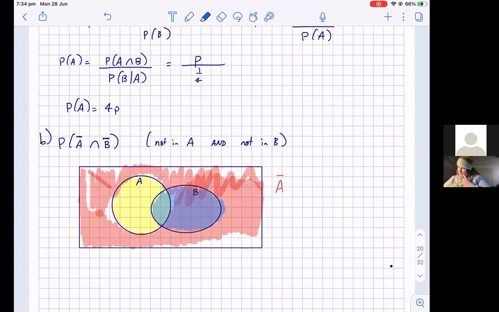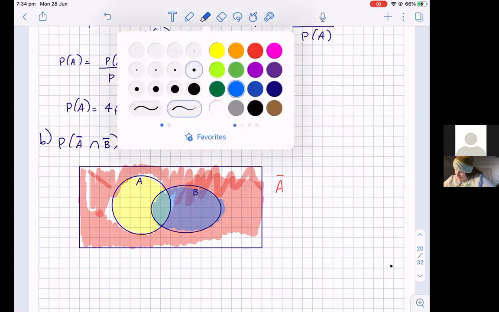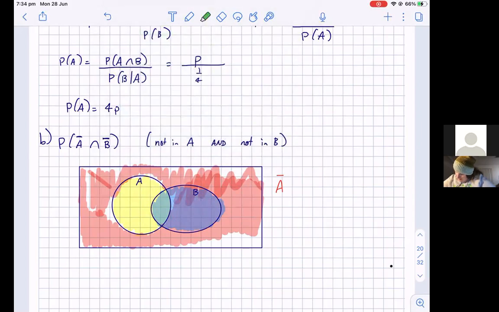Oh, this is really struggling. B is blue. Then you can see that this bit, the green, is A intersection B. So that's the stuff in both.